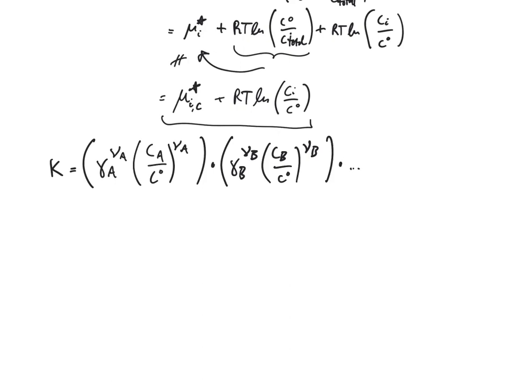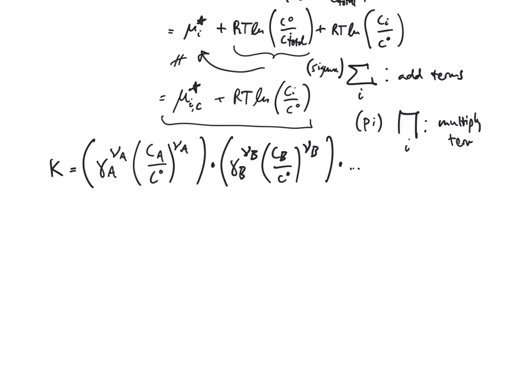But there's a shorter way to write this. You know that if I have the Greek symbol capital sigma, this means to add terms. But if I have a capital Greek letter pi, that means multiply terms.